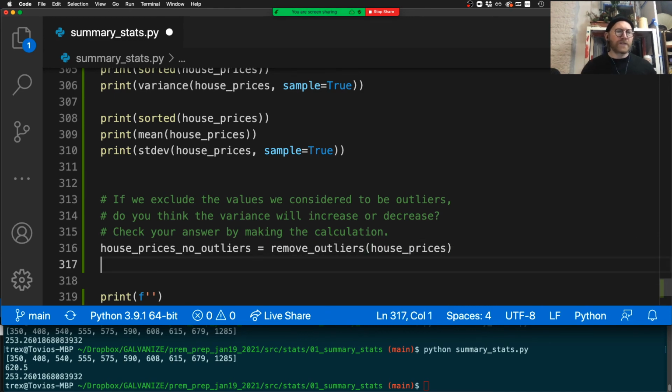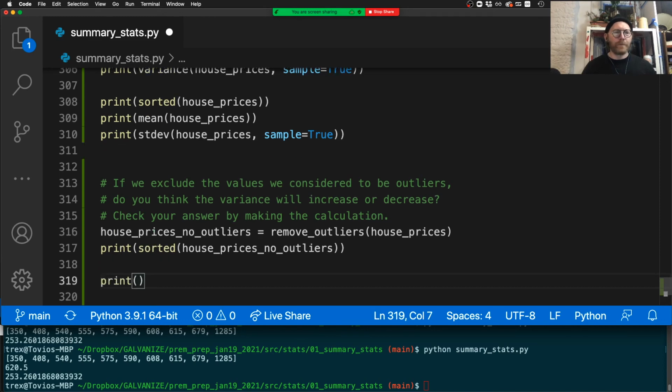Next, let's print the sorted version of the house prices without outliers. And let's print the mean. We can call in here, using an F string, house prices no outliers, the mean of that.